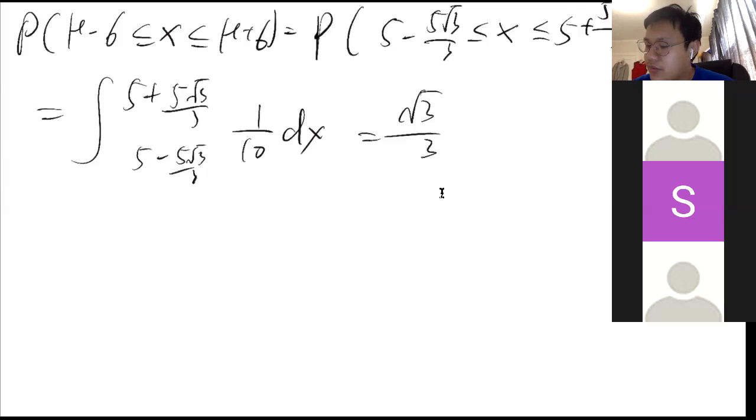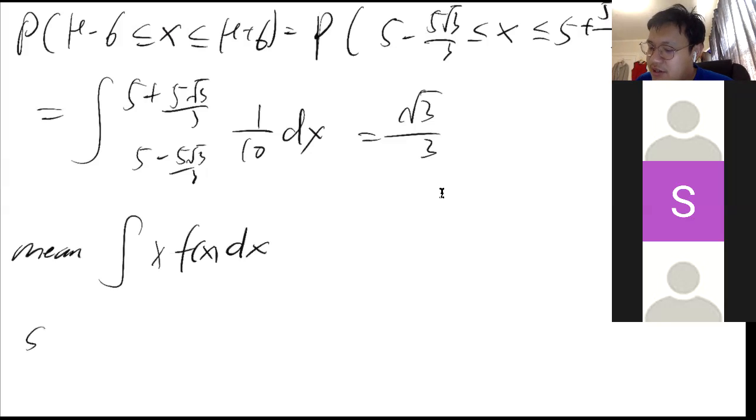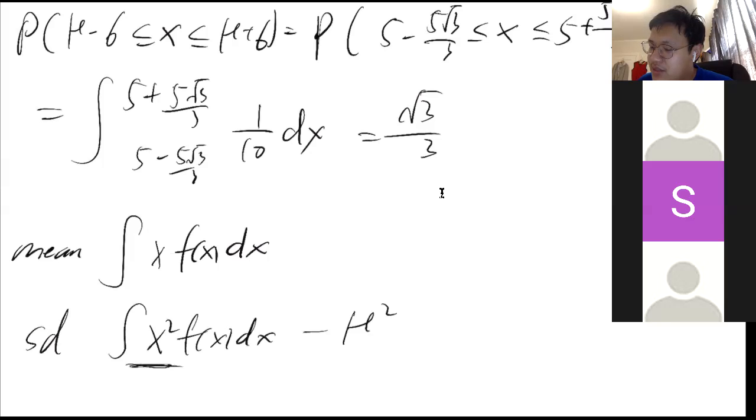It's the integral of x f(x) dx. For standard deviation, we need the integral of x squared f(x) dx minus mu squared. So if the mean doesn't exist, that means this already goes to infinity, and the standard deviation will definitely go to infinity. So both of them don't exist.